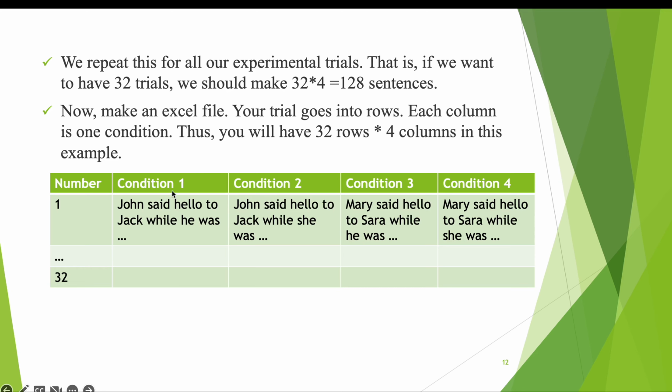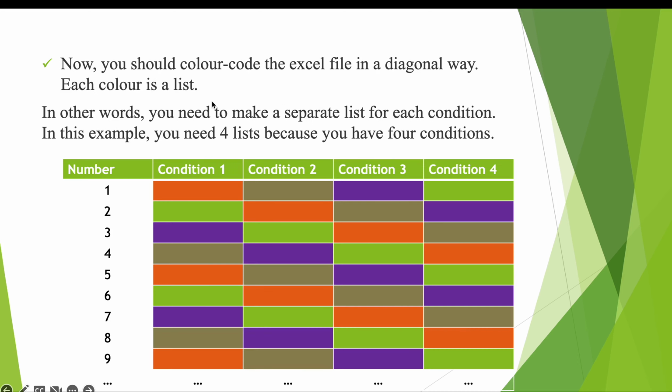So under each column, the relevant sentence goes. For example, here we have condition 1 sentence, condition 2 sentence, 3 and 4. So our 128 sentences will be located in a 32 by 4 Excel spreadsheet.